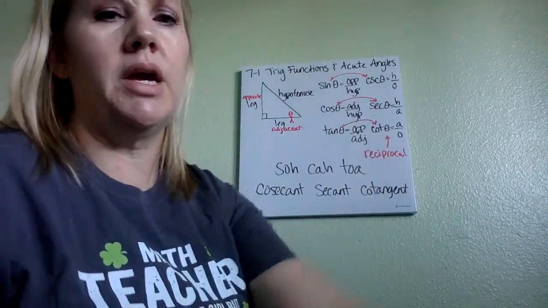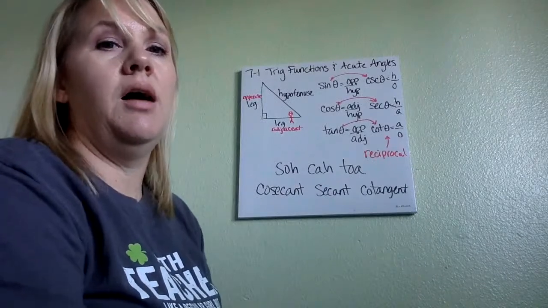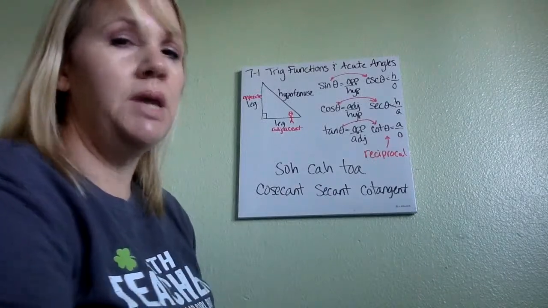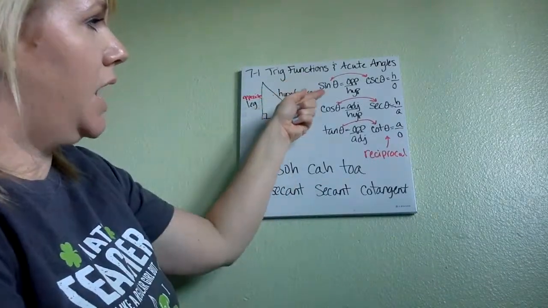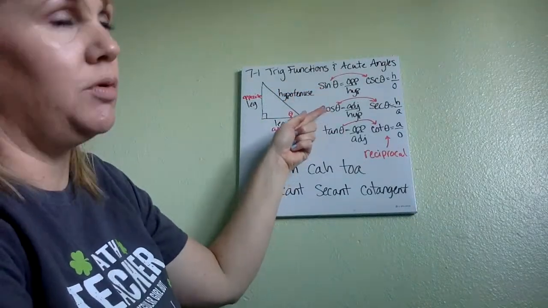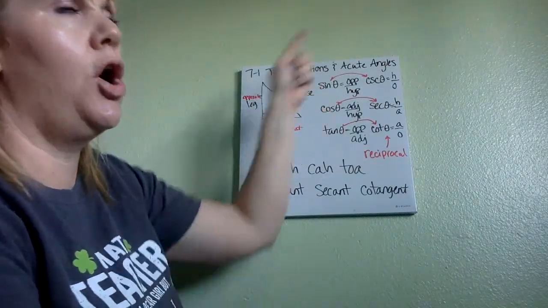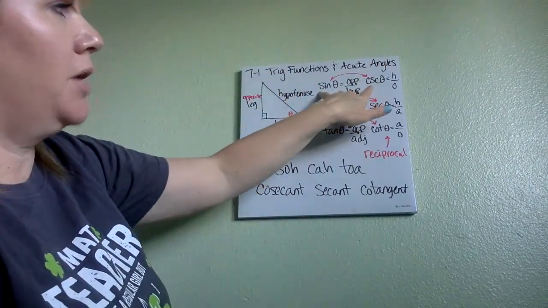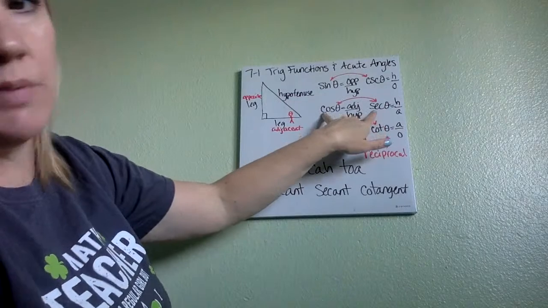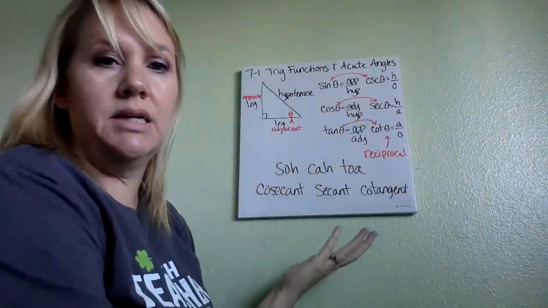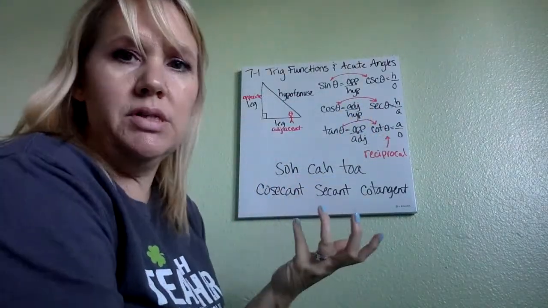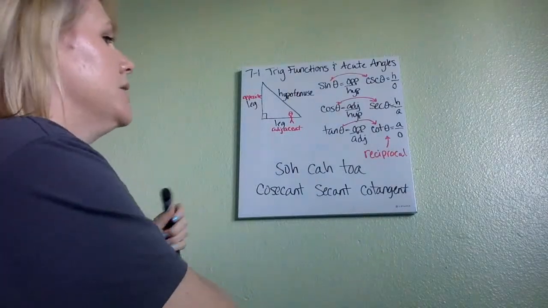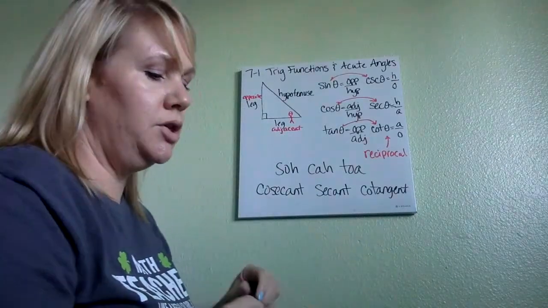It's easy to remember that cotangent goes with tangent. The secant and the cosecant, to me, are backwards. So if sine and cosine, you would think that cosine would go with cosecant, but it doesn't. So think of this as the S paired with the C, and the S paired with the C, or the secant is backwards from what you think it should be. Okay, so those are the 6 trig functions. We're going to go ahead and use them now.